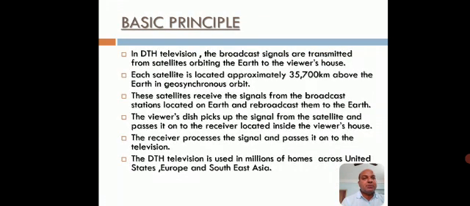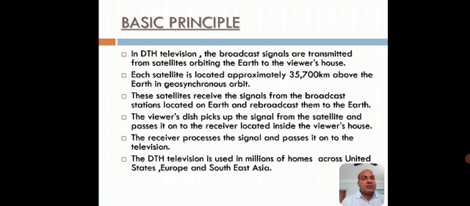The basic principles of DTH. In DTH television, the broadcast signals are transmitted from satellites orbiting the Earth to the viewer's house. Each satellite is located approximately 35,700 kilometers above the Earth in geosynchronous orbit. These satellites receive the signals from the broadcast stations located on Earth and rebroadcast them to the Earth.